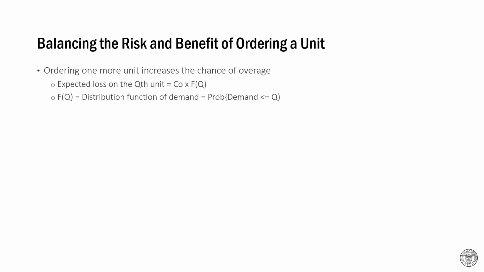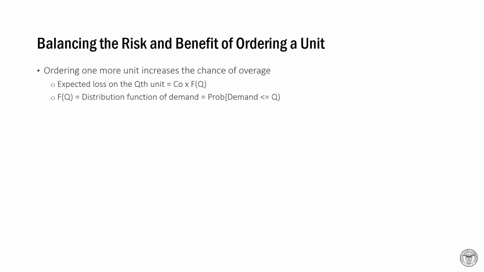Balancing the risk and benefit of ordering an additional unit is a critical aspect of inventory management. By ordering one more unit, we increase the possibility of overage.